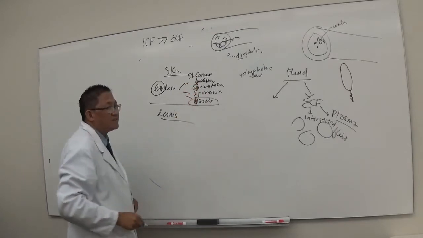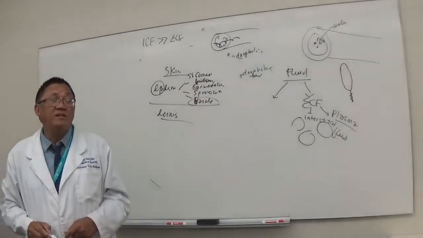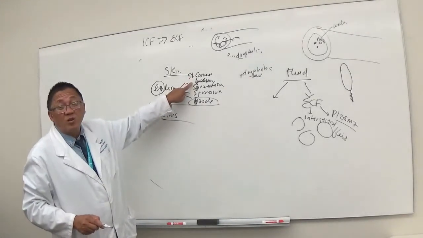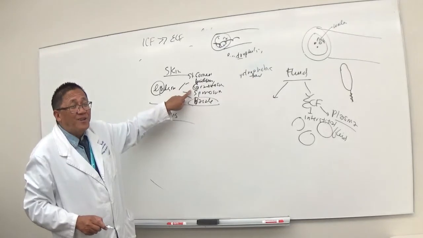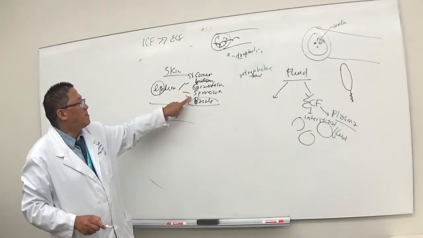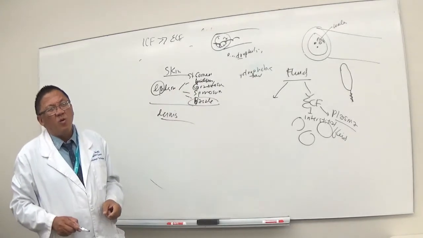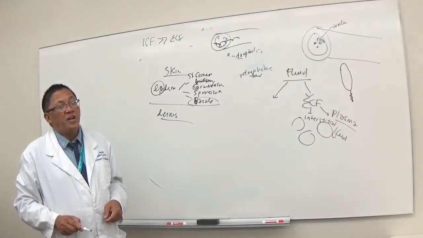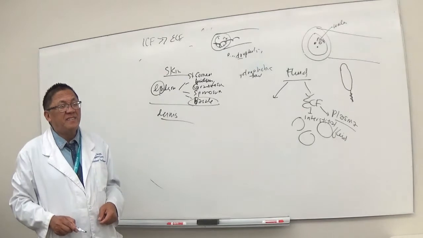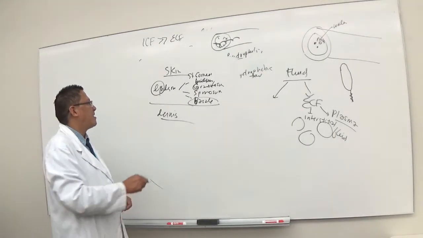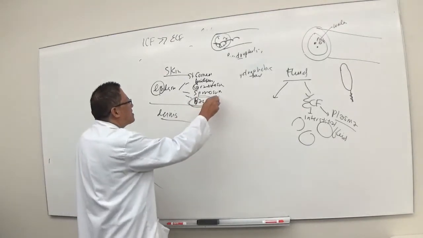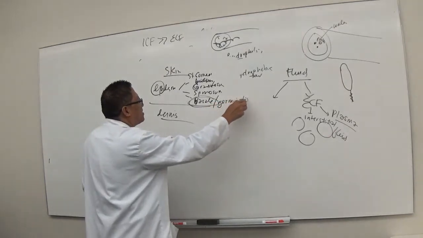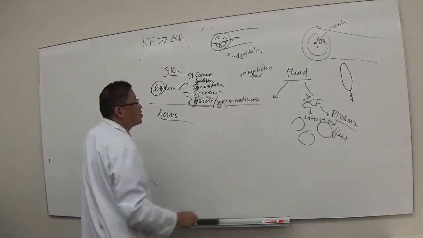CLGSB. It's up to what kind of mnemonic device you want. Corneum, lucidum, not Lucifer, granulosum, spinosum, basale. Which one is the topmost layer? Corneum. Which one is found in the base? Very good. What's another name for basale? In some textbooks, they refer to this as what? Germinativum.